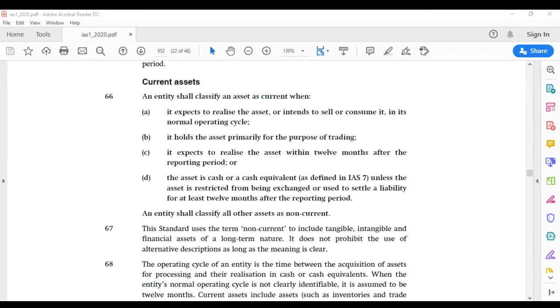So if you want to withdraw the money from a 32-day notice deposit, you will have to tell your bank today that you want to withdraw it, and then the money is only available in 32 days' time. Again, in that case, would that be part of cash and cash equivalents? If so, say yes for me. Or would that be part of your financial assets, which is a non-current asset? For that, you can say no for me.